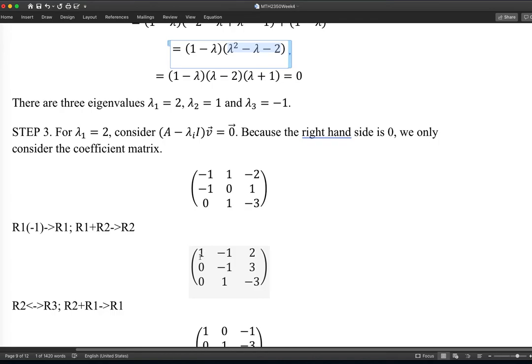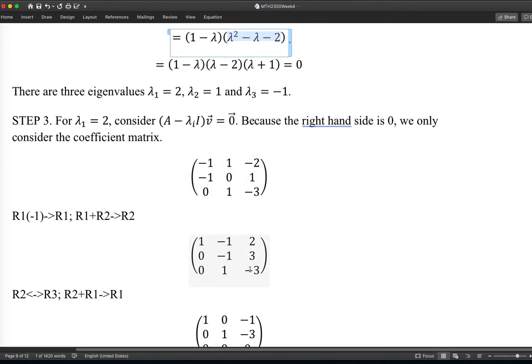And then use new row 1, add to row 2, because in the column where the pivot is, the other elements have to be 0. So I'm adding this updated row 1 to row 2. So 1 added to -1, that's 0. And this -1 added to 0, that's -1. And then 2 added to 1, that's a 3.